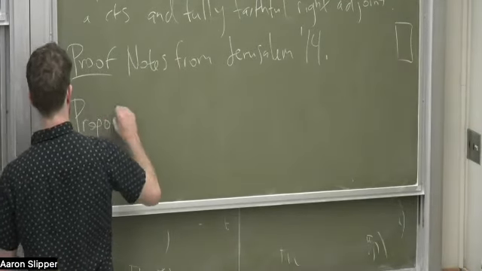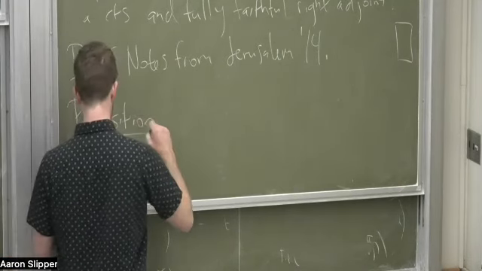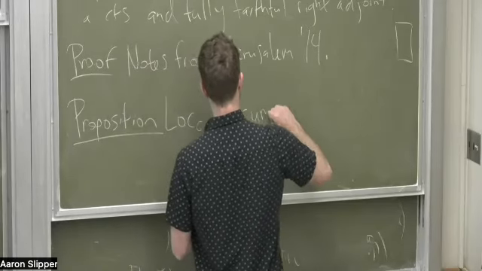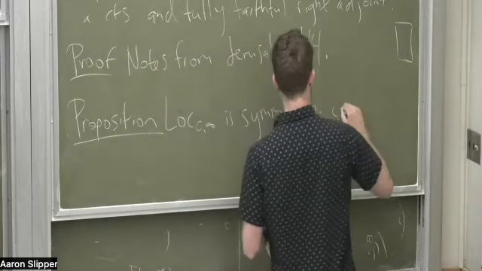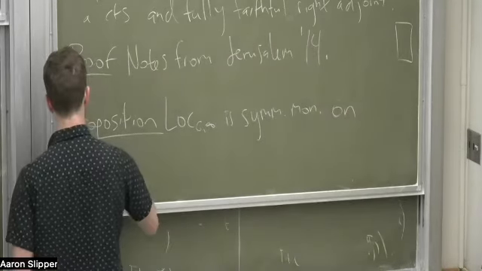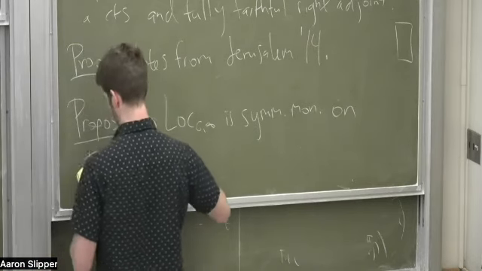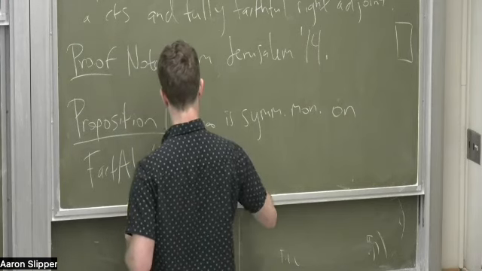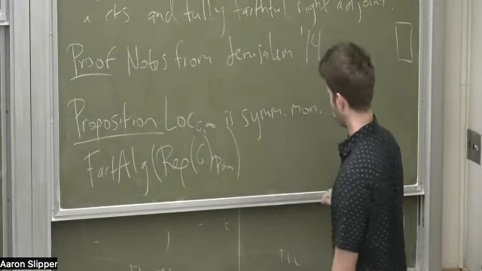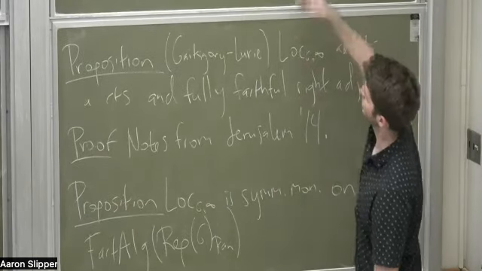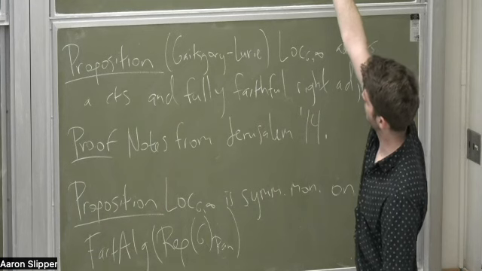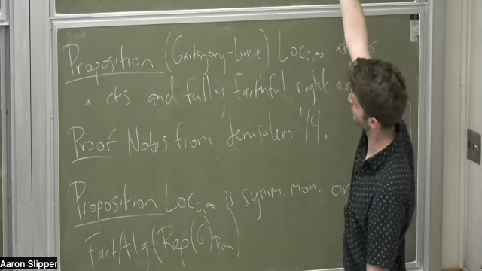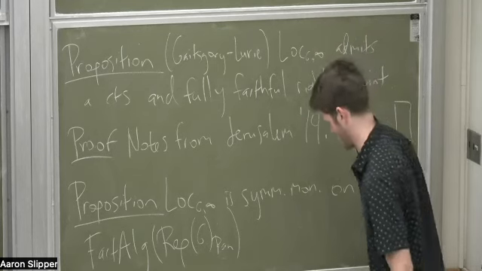Another fact that I'll use about this is that this loc G infinity is symmetric monoidal, at least on unital sheaves. So just going with my previous convention, I'll just go ahead and say for factorization algebras. So if I have two objects in rep G Ran that have a unital structure, in particular, if they're unital factorization algebras, that would work, then loc preserves their tensor.